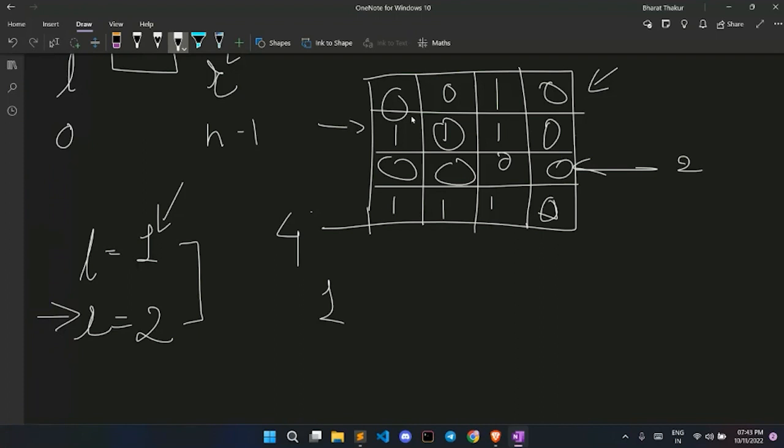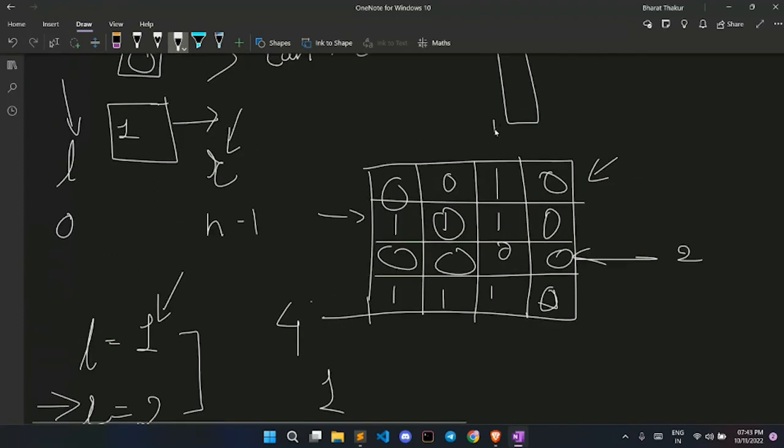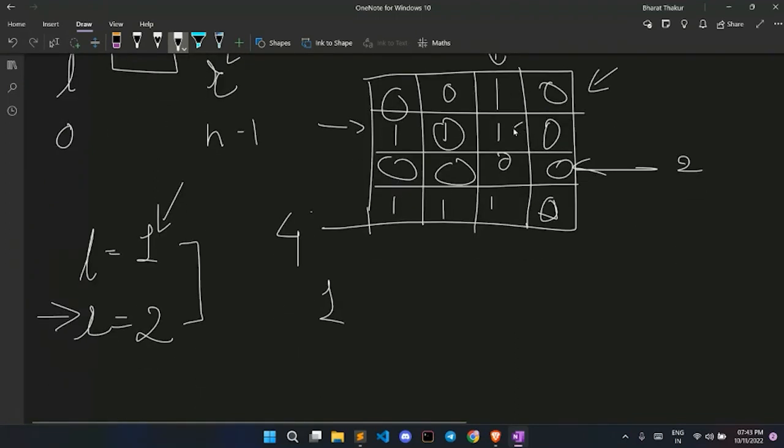So for 1 and 2, what is the value? Value is 1. So again, the Lth person knows the Rth person, so we will increment the value of L because L cannot be the celebrity then. So again, from 1, we will increment it to 2.